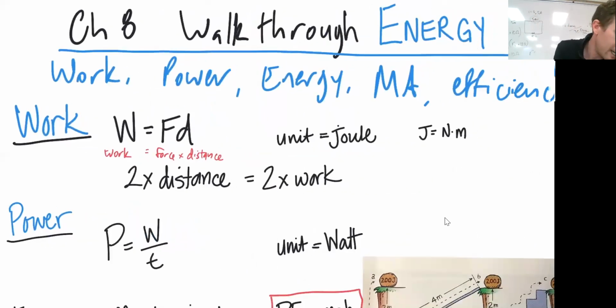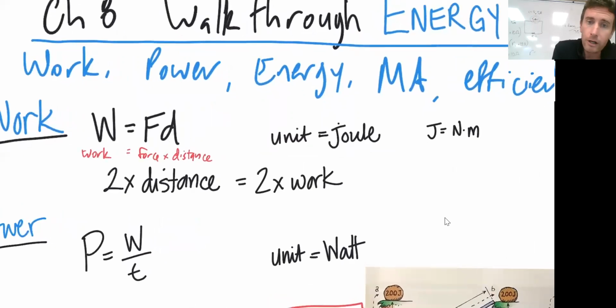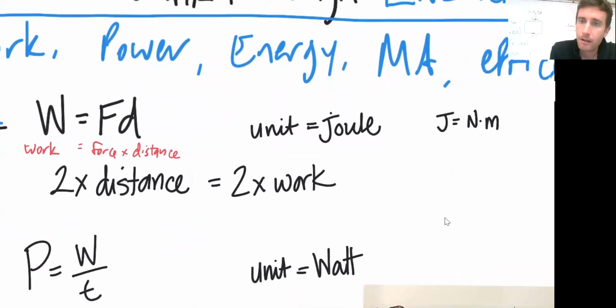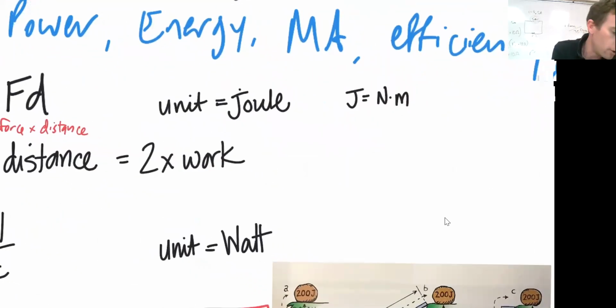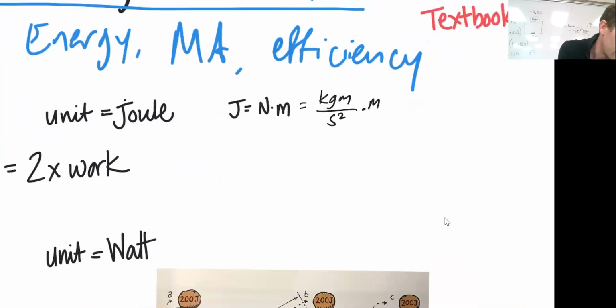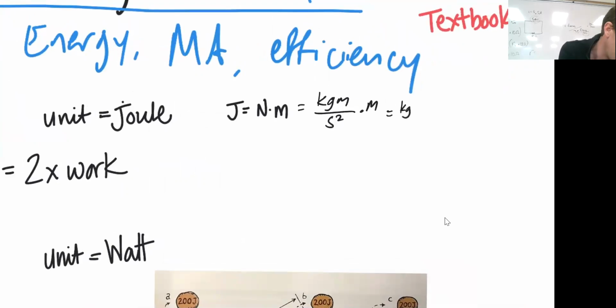In terms of details that we already know about work, work is using the unit joule. Remember, a joule is equal to a Newton times a meter. And a Newton times a meter, since a Newton is a kilogram meter per second squared times a meter, you could also say it's kilograms meters times meters over second squared, which is equivalent to kilograms meters squared over second squared.